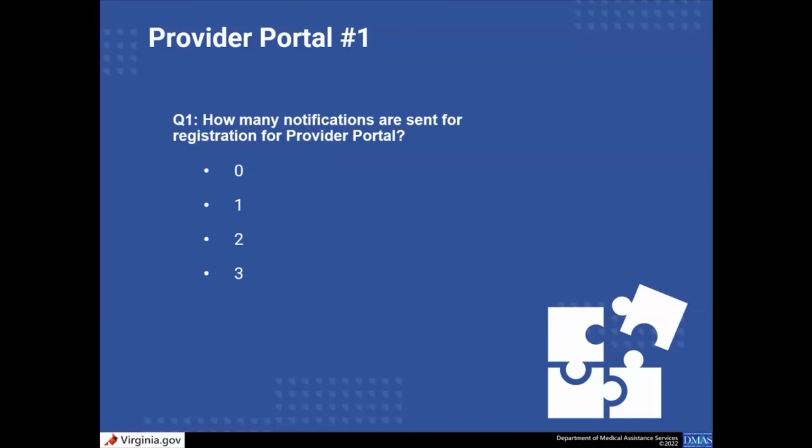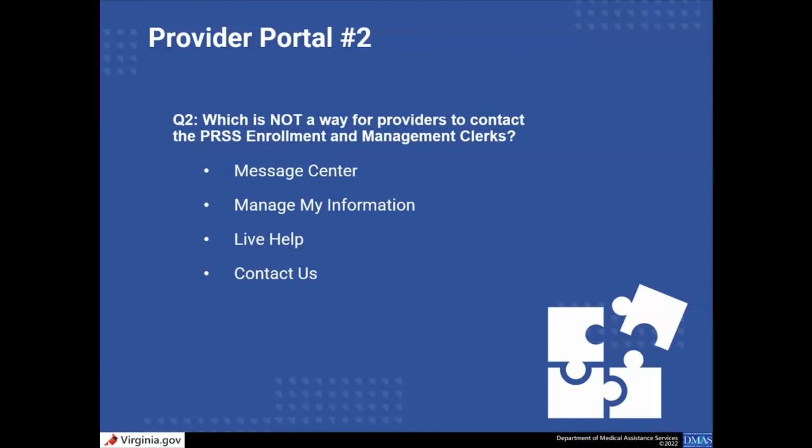Our next question: which is not a way for providers to contact the PRSS Enrollment and Management clerks? Is it through the Message Center, Manage My Information, Live Help, or Contact Us? The correct answer is through Manage My Information.